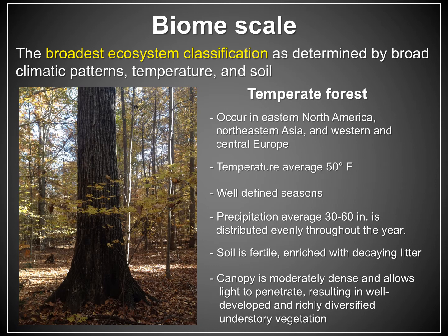We live in the temperate forest biome, where there are well-defined seasons, a moderate amount of precipitation evenly distributed throughout the year. This biome is present throughout much of the eastern U.S. as well as in parts of Northeast Asia and parts of Western and Central Europe. Because of our moderate temperatures and well-distributed precipitation, our soil is inherently fertile and productive.